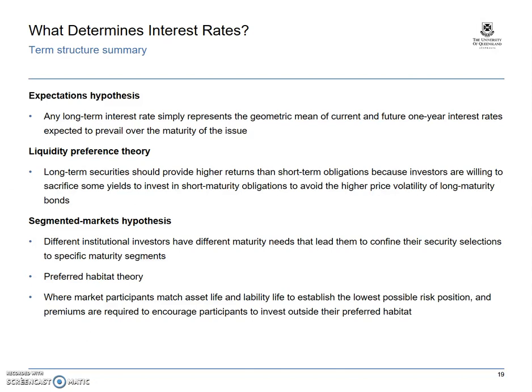Market participants match the asset life and the liability life or maturity to establish a low risk position, and then premiums are required to encourage participants to invest outside their preferred habitat or their preferred segment. So often this segmented market hypothesis is called the habitat theory. Sometimes people differentiate between the two of them, but they are quite similar in my opinion.